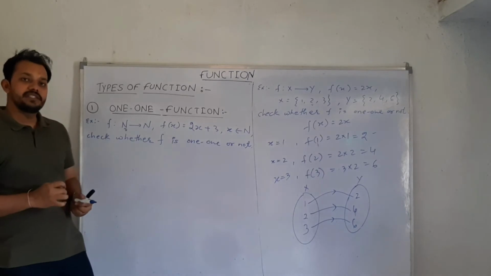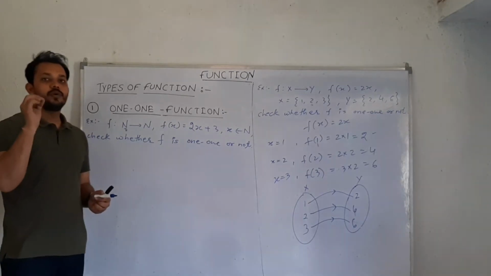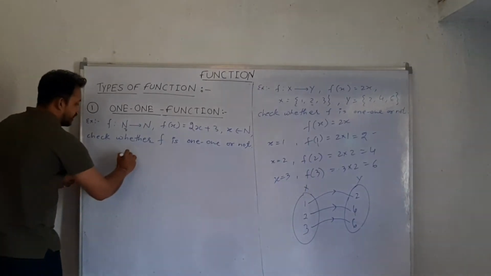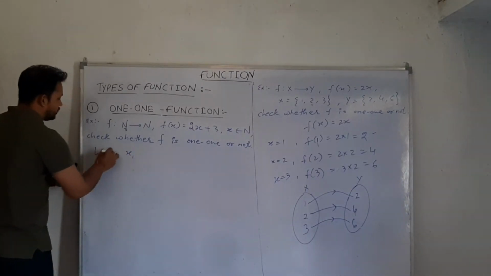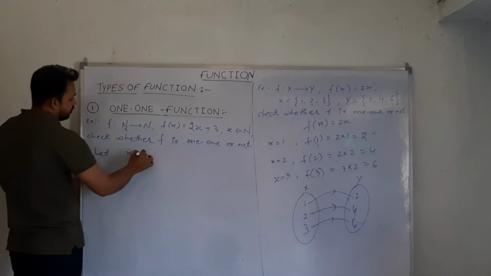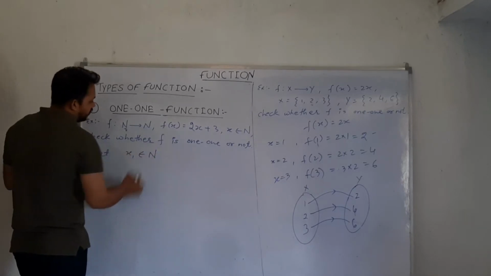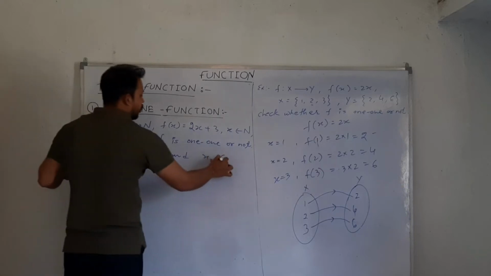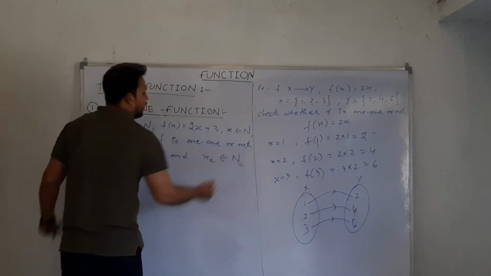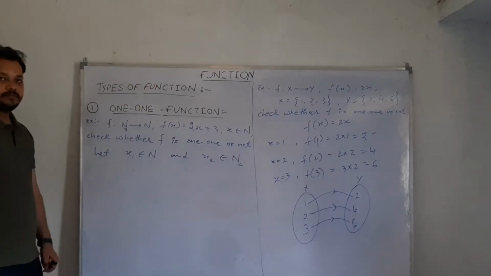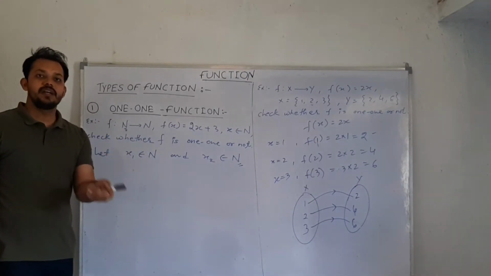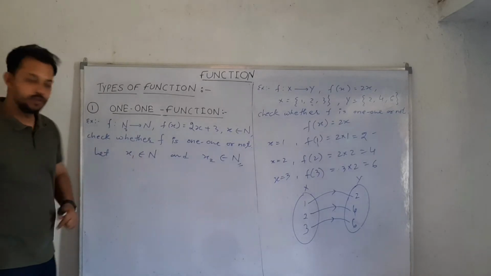This working rule says that we have to consider two distinct elements of the domain, such as x1 and x2, where x1 belongs to the natural numbers and x2 also belongs to its domain, the natural numbers. Then we have to equate f(x1) and f(x2).